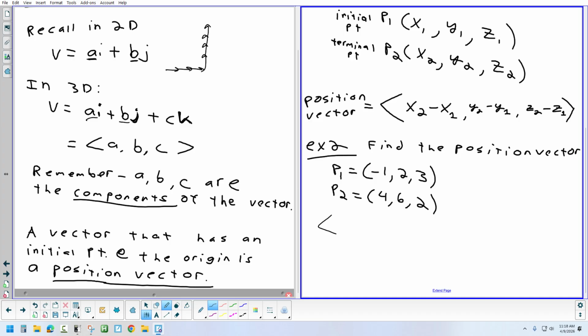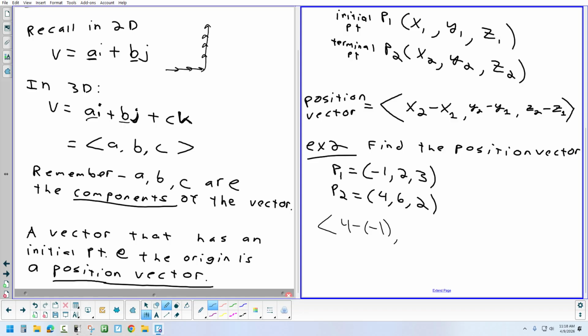Okay, so how about Nick? What are going to be the first 2 numbers that I subtract to get the x-axis component? 4 minus -1. 4 minus -1. Yep. Luke, how about the next two numbers that I'll subtract to get the y-axis component? 2 and 6.